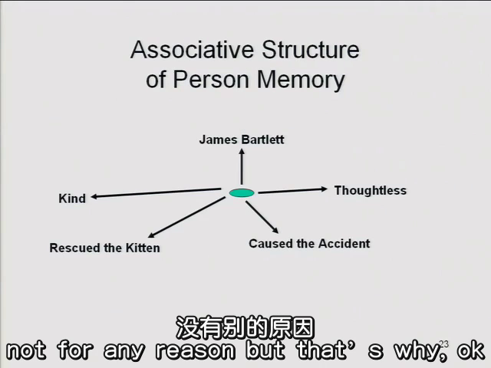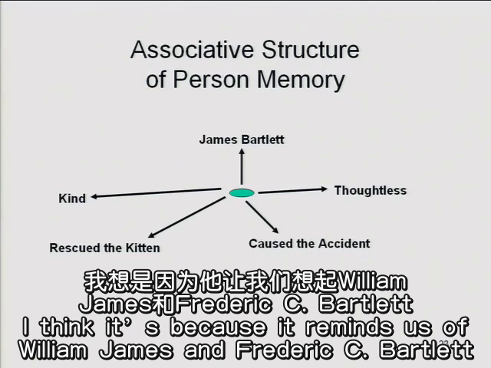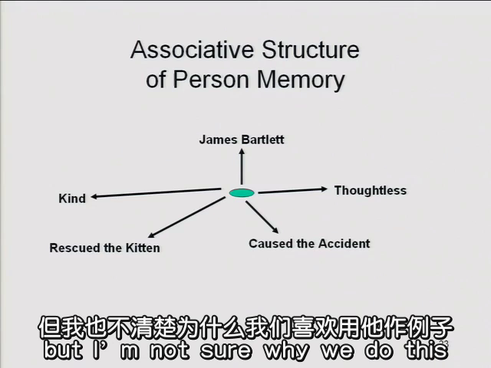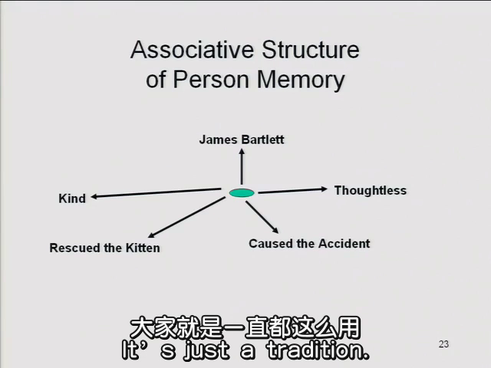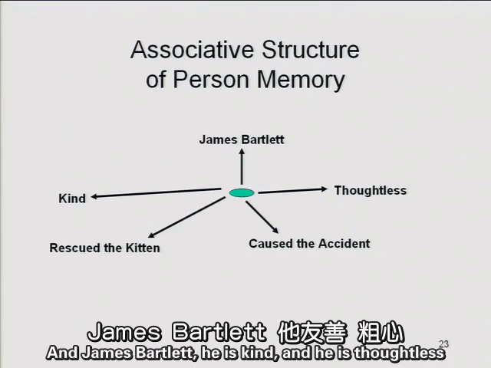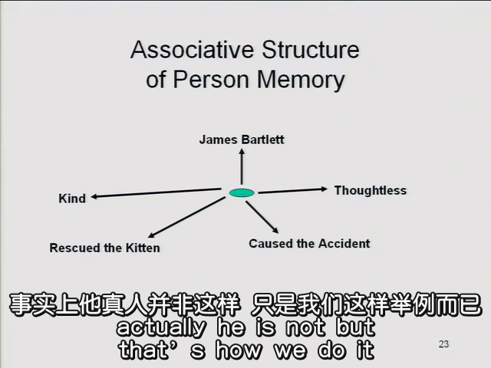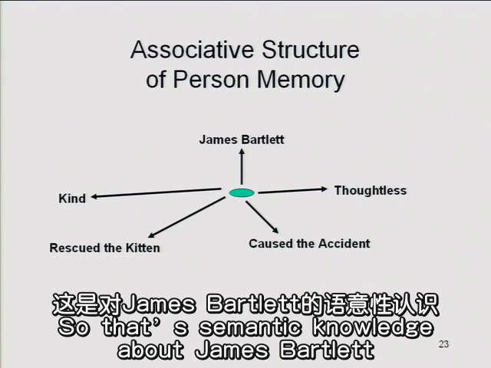Not for any reason, but that's why. I think it's because it reminds us of William James and Frederick C. Bartlett, but I'm not sure why we do this. It's just a tradition. And James Bartlett, he's kind, and he's thoughtless. Actually, he's not, but that's how we do it. So that's semantic knowledge about James Bartlett.